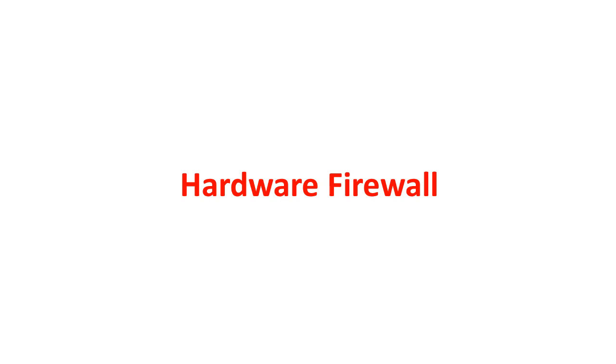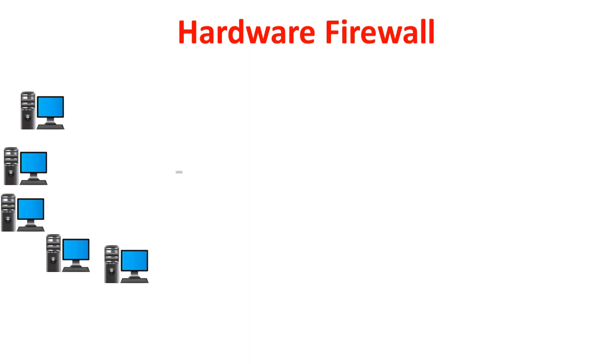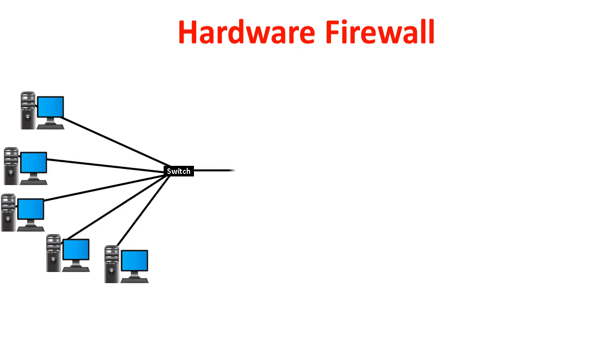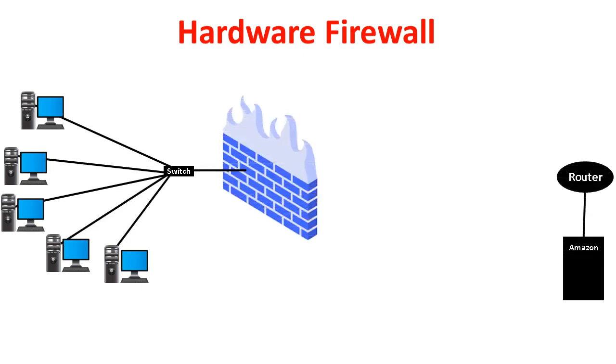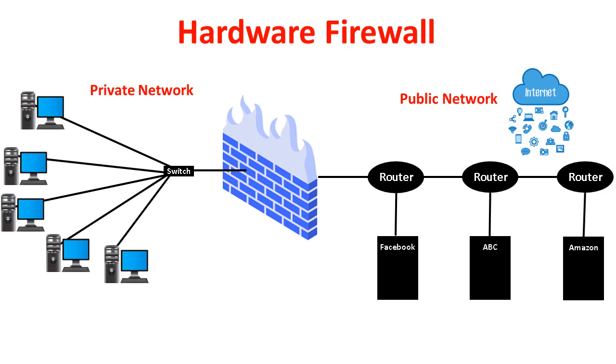A hardware firewall is a network hardware device that monitors and filters incoming and outgoing network traffic based on a defined set of security rules for all internal networking devices of an organization. Therefore, it acts as a barrier between the internal private network of the organization and the external public network of the internet.